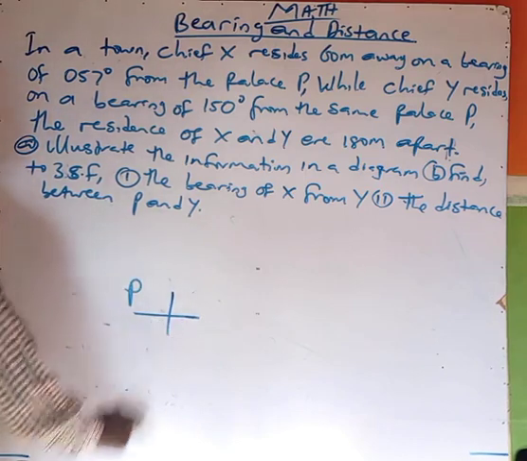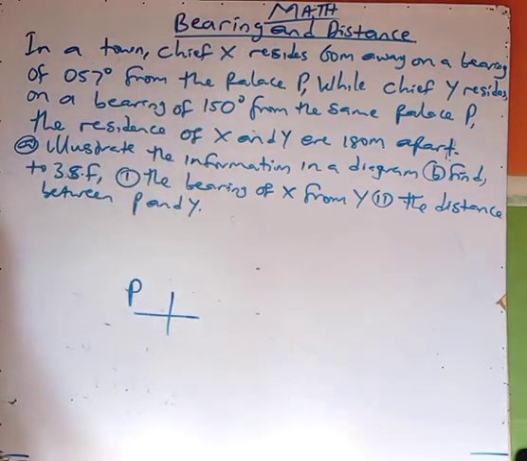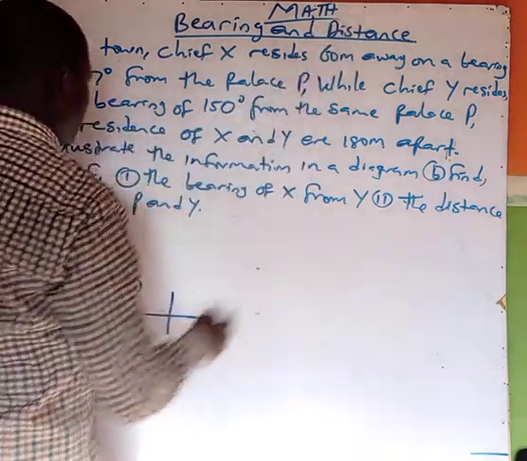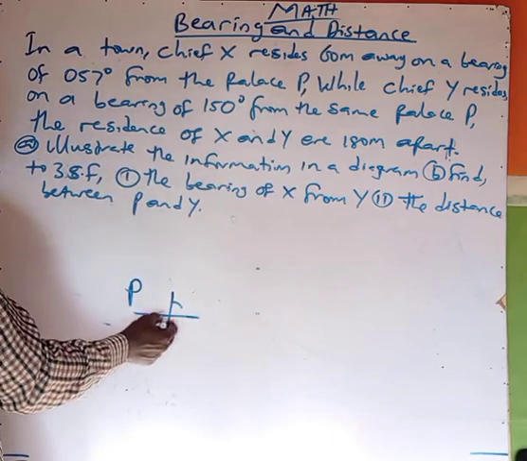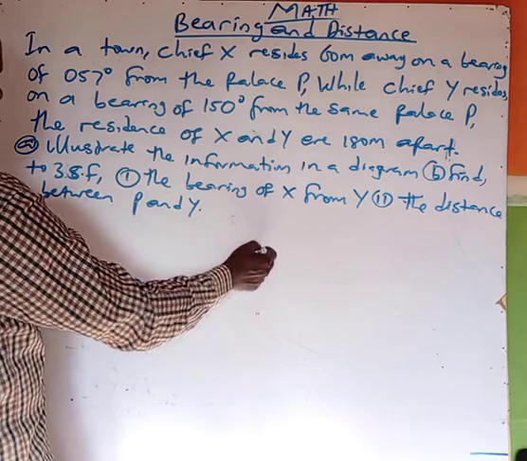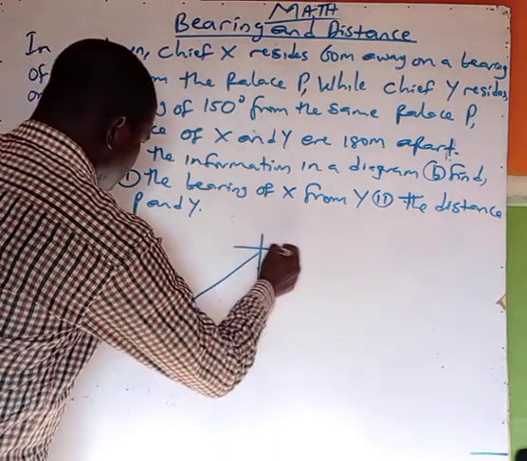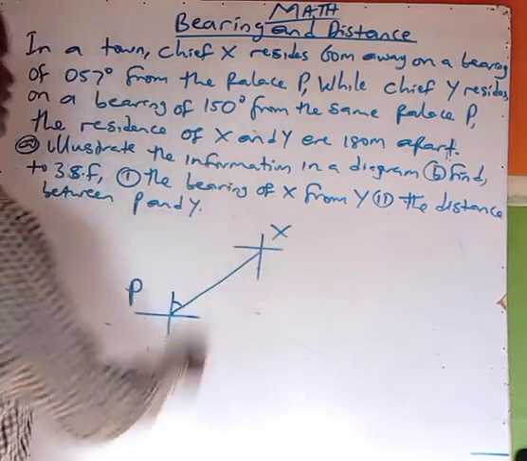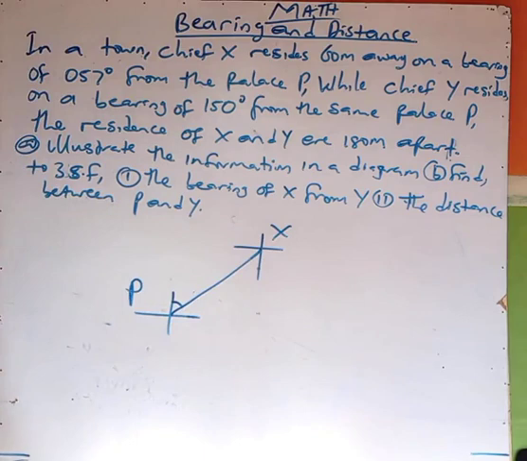This palace. The house of X is 60 meters away on this particular bearing. If you turn in the palace like this and go up like this, you will get to the house of Chief X. So that is what the question is saying.